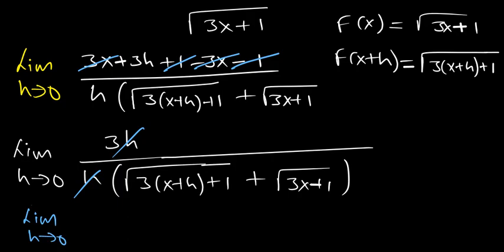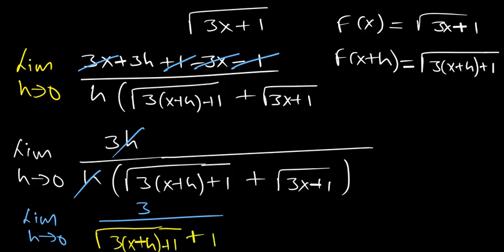On top you have the 3, and on the bottom you're just going to remain with the root of 3x plus h plus 1, plus the root of 3x plus 1. Great, right?